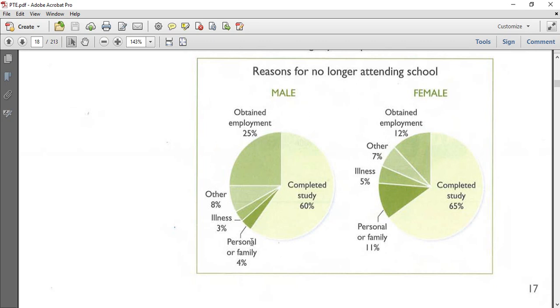Also with personal and family reasons, for female it is 11%, but for the male only 4%. So for male, personal reasons or family issues would not often cause them to stop attending school.